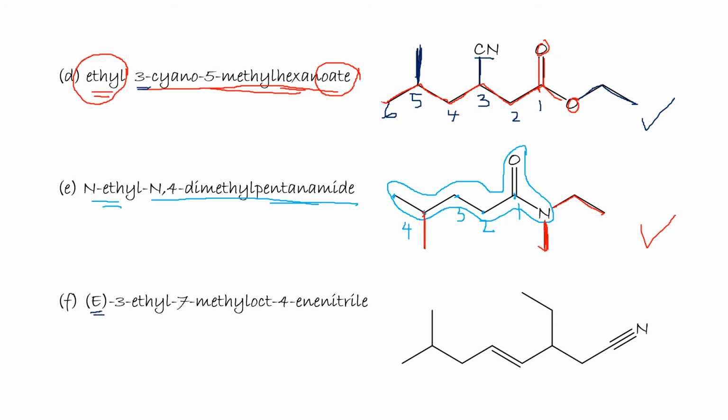(E)-3-ethyl-7-methyloct-4-enenitrile. We have octanenitrile, eight carbons with a triple bond to N. 1, 2, 3, 4, 5, 6, 7, 8.